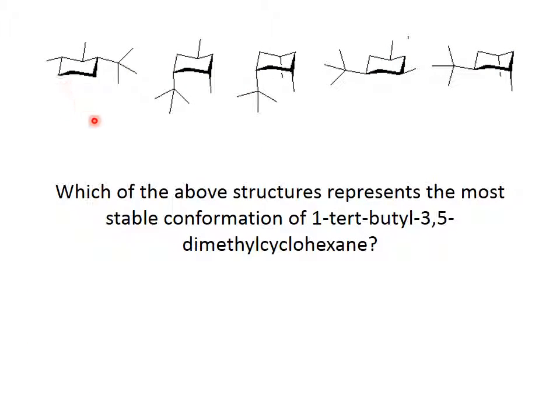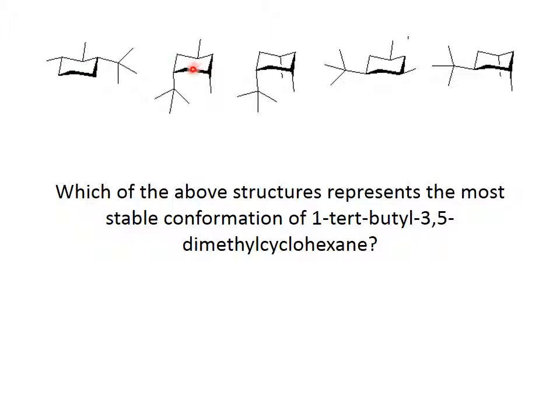Okay, which of the above structures represents the most stable conformation of 1-tert-butyl-3,5-dimethylcyclohexane? Remember, a t-butyl group is a carbon with 3 methyls attached, so it looks like the crowfoot up there. If I look, this is not 1,3,5, but 1,2,3.